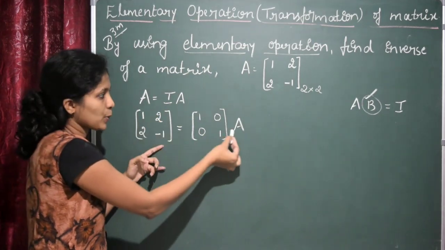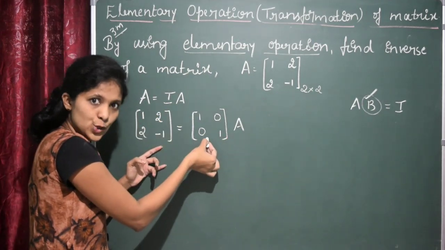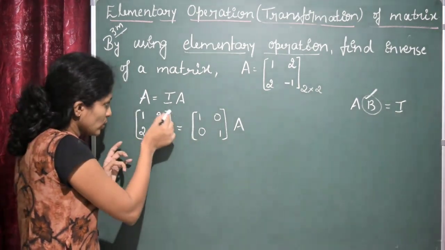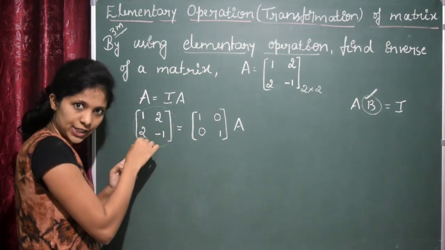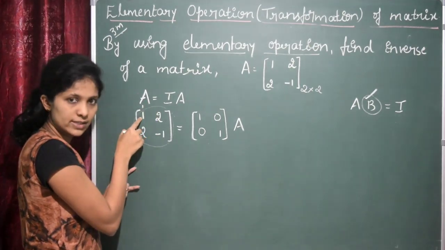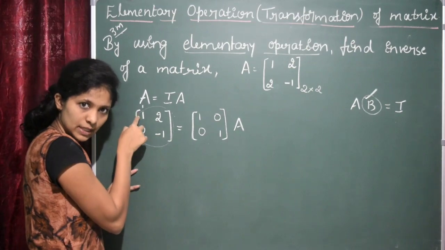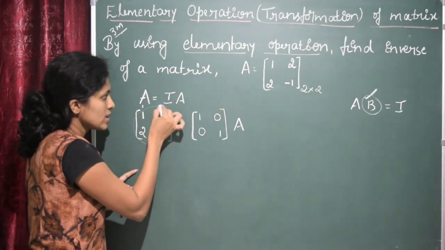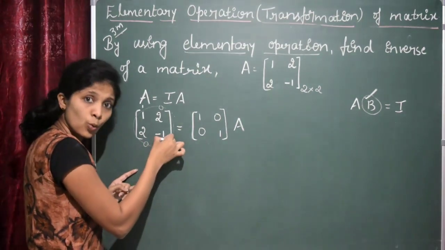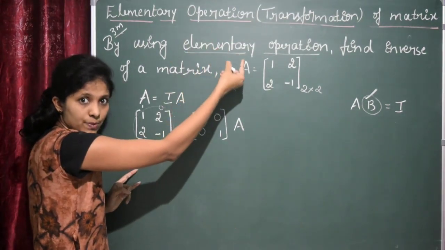The product of A and some matrix should be equal to the identity matrix. For that reason, you have to convert this matrix into the identity matrix. That means you have to convert this element into 1 and this into 0 and this element into 0 and this into 1 by using the transformation.